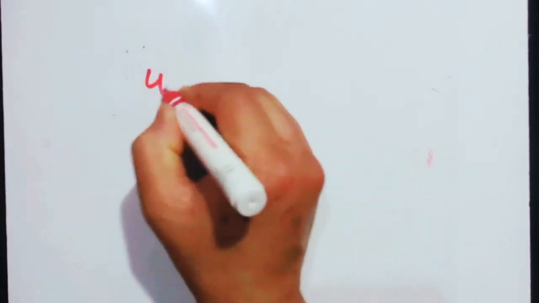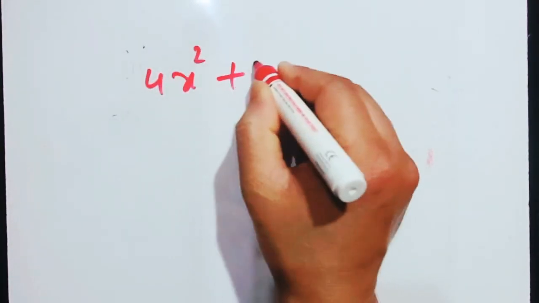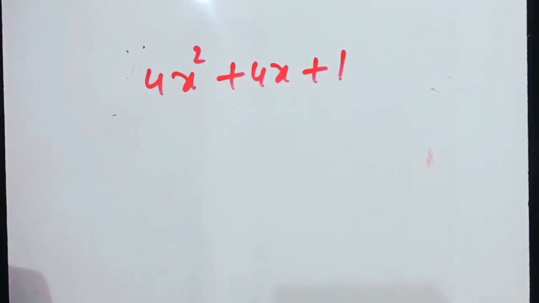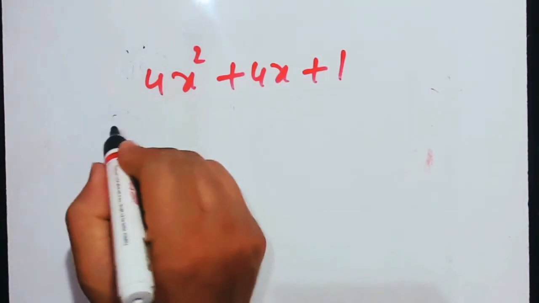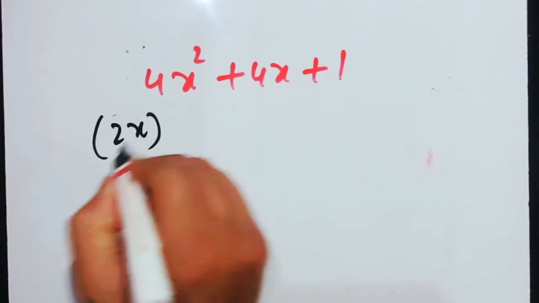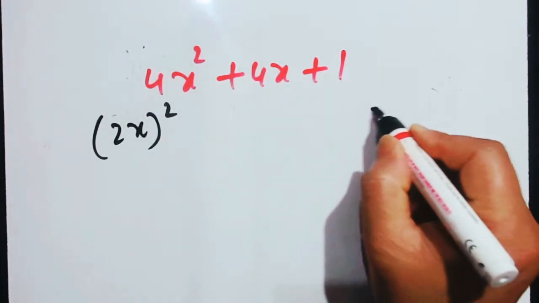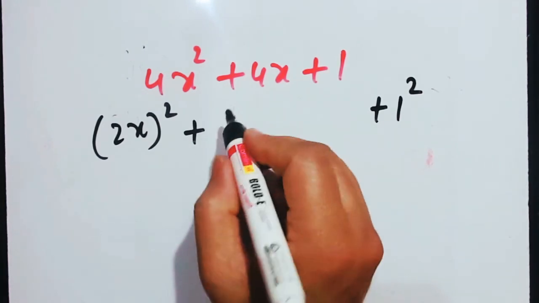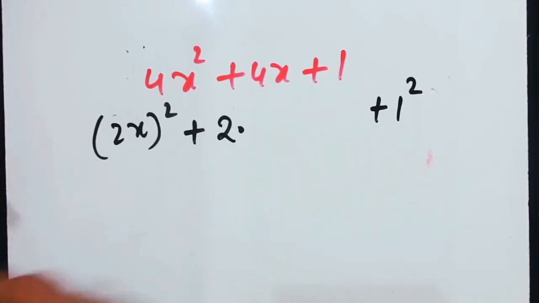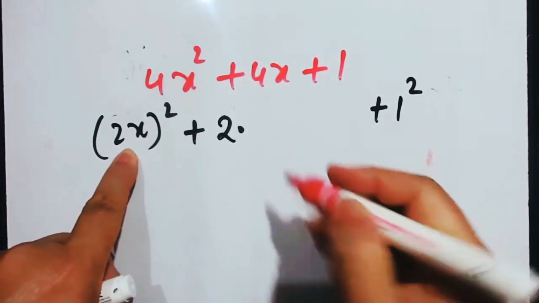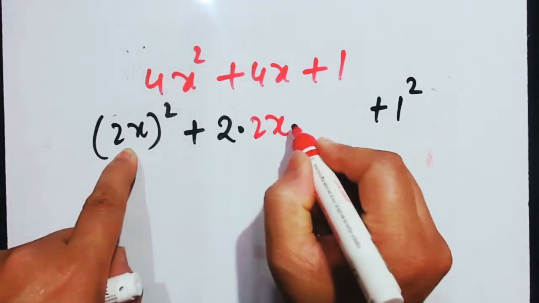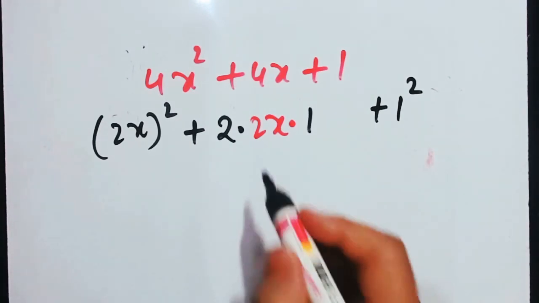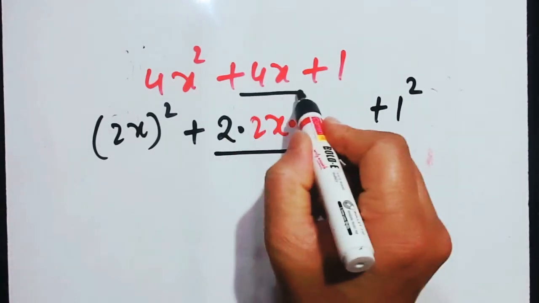I am going to take 4x square plus 4x plus 1. Let me see. This can be written as 2x whole square. This 1 can be written as 1 square, and in between we should get 2 times a into b, 2 times 2x into 1, and the value of this should be equal to the value of this.